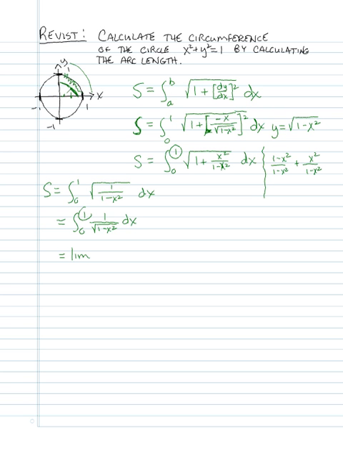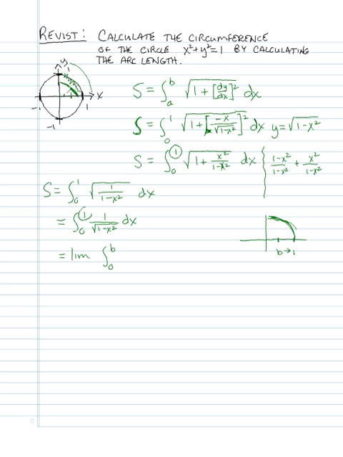So we'll have the limit of the integral from 0 to some value b, where b is, here's the idea, b is here, and 1 is here, and we're going to have b approach 1. So we're finding bigger and bigger pieces of this arc, aren't we? That's what's happening, until we get to there. Okay.